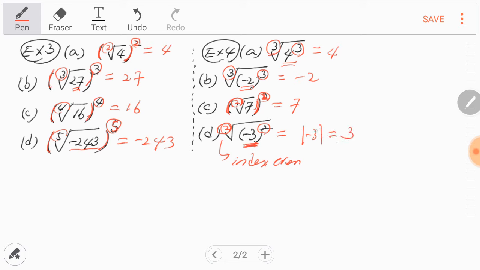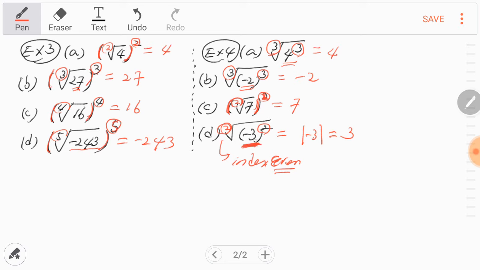Okay, this is important. The index is even, so make sure to take the base out, but make the base positive. Because when you square negative 3, it becomes positive: negative times negative is positive.